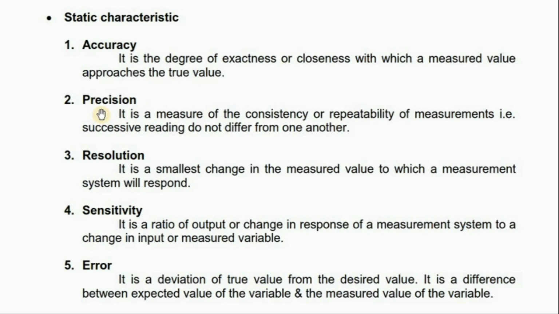One more characteristic is precision. What is precision? It is the measure of the consistency or repeatability of measurements, that is, successive readings do not differ from one another. What does it mean? Suppose you are using a voltmeter to measure the EMF of a battery.